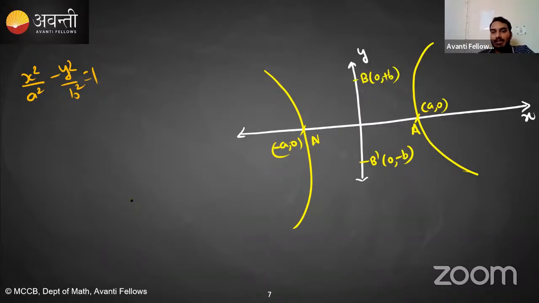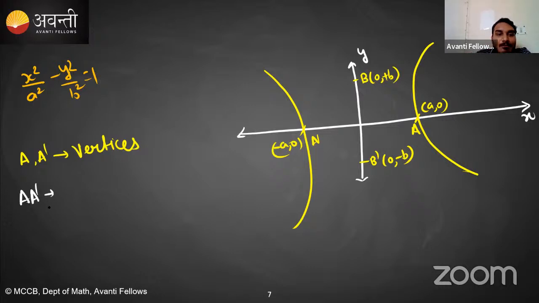Okay. So students, this A A dash, what do we call it? A and A dash are the vertices of the hyperbola. Clear? And as in ellipse, along the x-axis it is known as the major axis, but in hyperbola, this AA dash is known as the transverse axis.